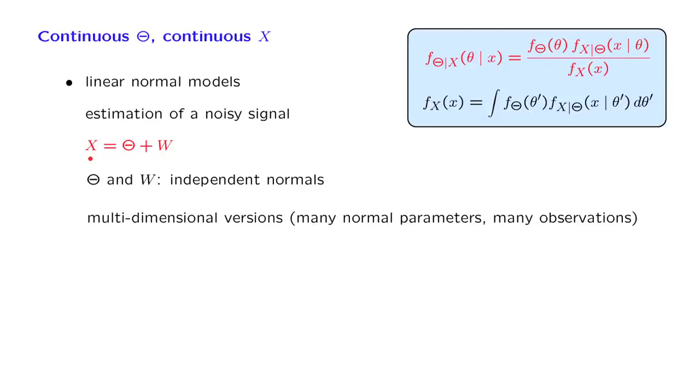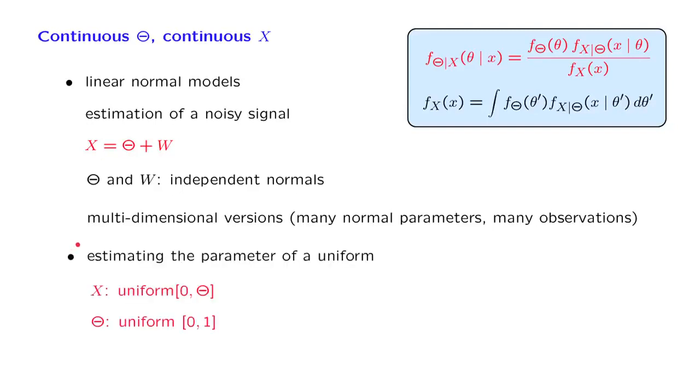We will actually see in the next lecture sequence a quite detailed discussion of models of this type. And this will be one of our main examples within our study of inference. There will be another example that we will see a few times, and this involves estimating the parameter of a uniform distribution.